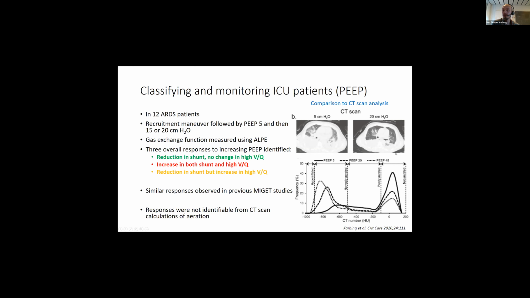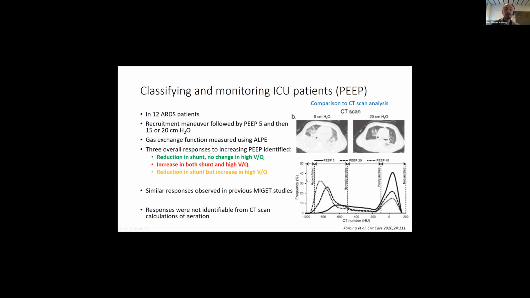So going from 5 to 20 centimeters of water of PEEP opened up and kept open a portion of lung regions. Using Hounsfield units, this can be translated into an estimation of lung units that are hyperinflated, normally aerated, poorly aerated, and non-aerated. And in this study, we wanted to compare these different categories of aeration with the gas exchange measurement using the ALPI technique.